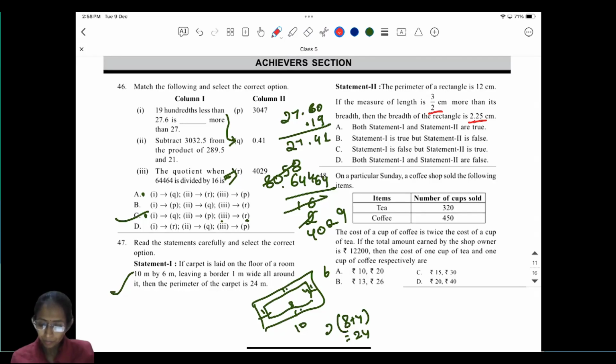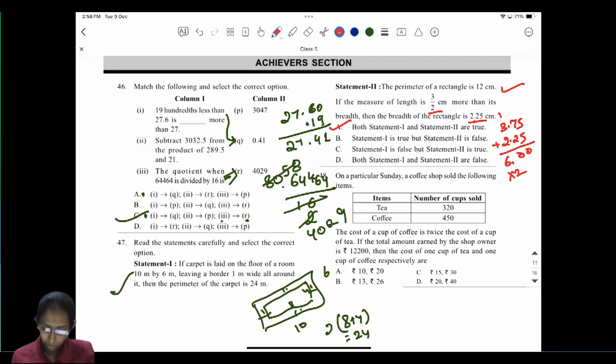So the length will be 3.75 and plus 2.25. This is L plus B. 6. So 6 into 2. So yes, the perimeter is 12 only. So yes, both the statements 1 and 2 are correct option.